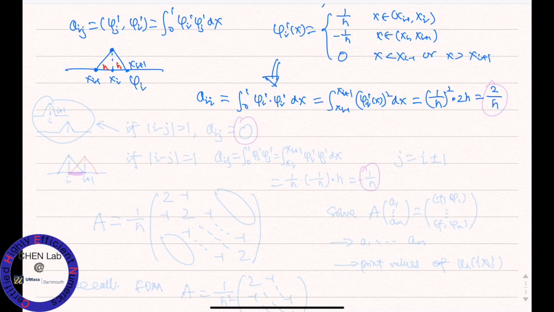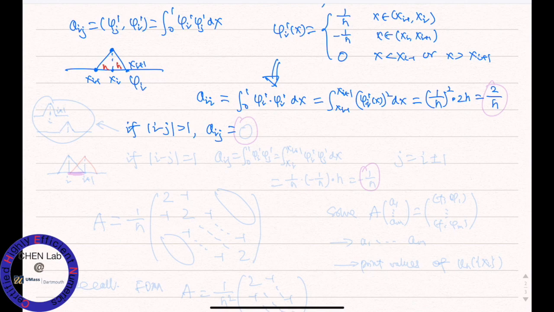Another observation is that if the absolute value of i minus j is larger than 1, then a_ij is equal to, say, the integral of phi_i prime with phi_{i+2} prime.